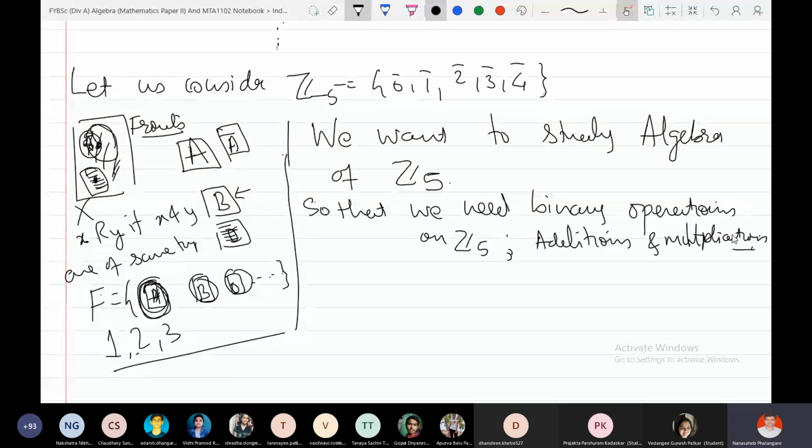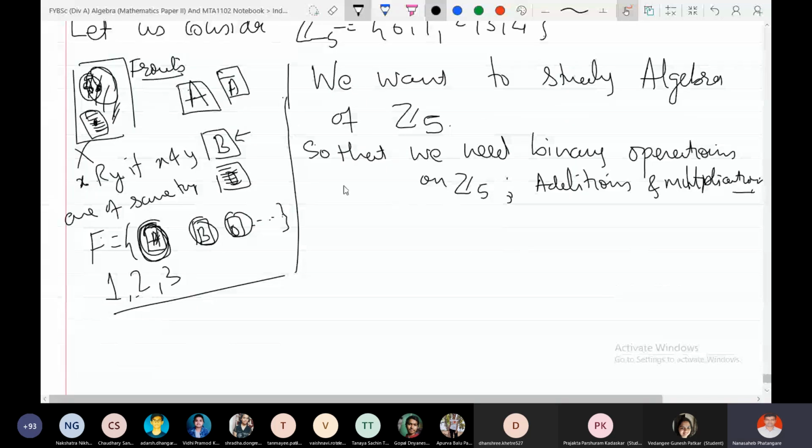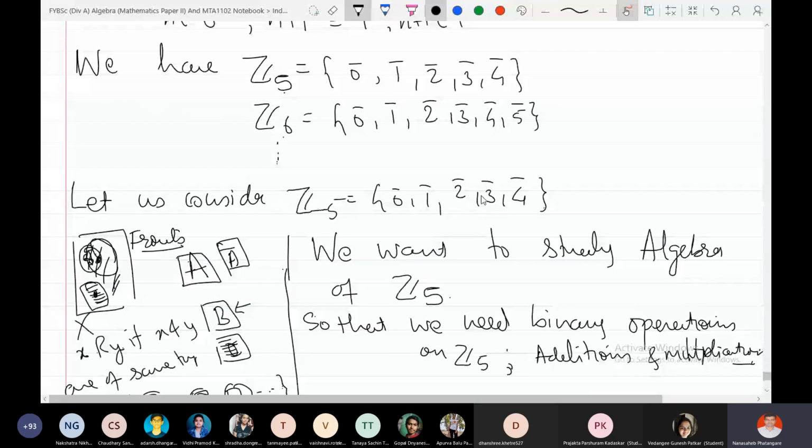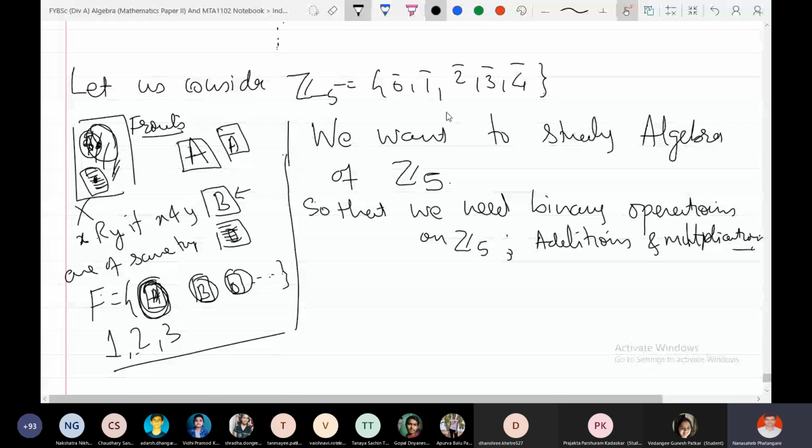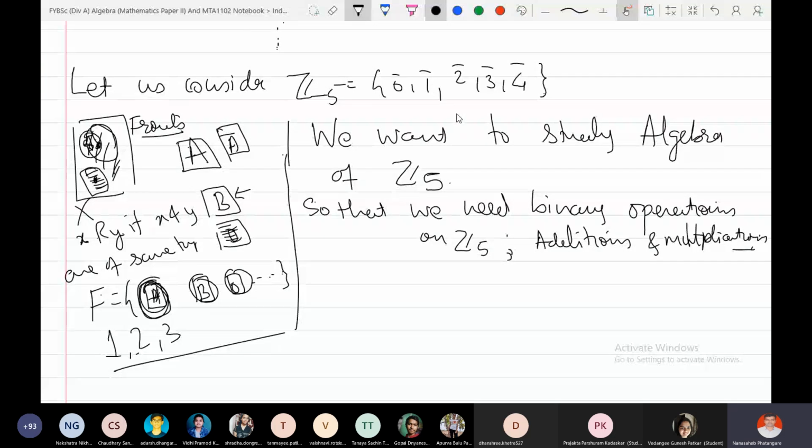Right, so do you understand what my intention is? I want to study the algebra of this set, right? And why study the algebra of something? Why do you study addition of numbers? Did you worry about this? Why are you studying addition of numbers from school, from first standard? Why did you study this algebra of numbers?